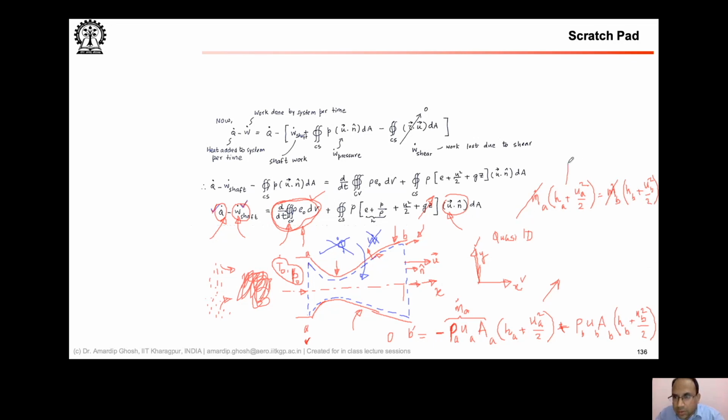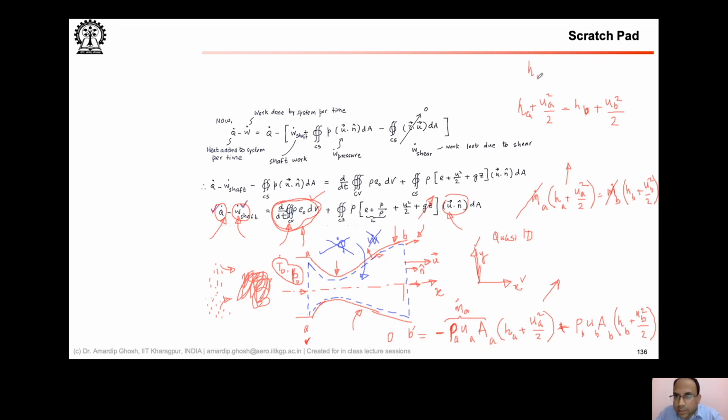So then in the nozzle, what do we have? Because we are now able to cancel the m dots, you see that the summation of enthalpy at station A plus the velocity square by 2 at station A is equal to the same at station B. This is a very powerful result.